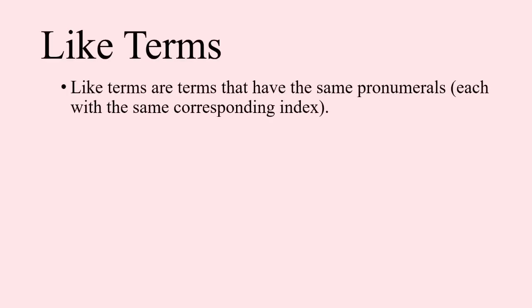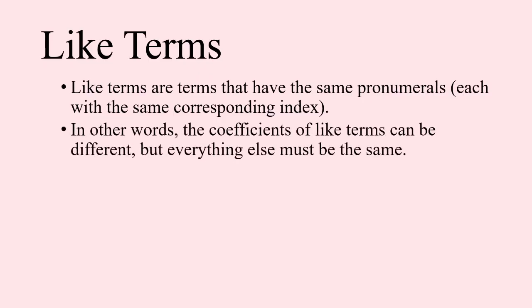Now, if there are two terms that have the same pronumerals, each with the same corresponding powers, we call them like terms. In other words, the coefficients of like terms can be different, but everything else must be the same.